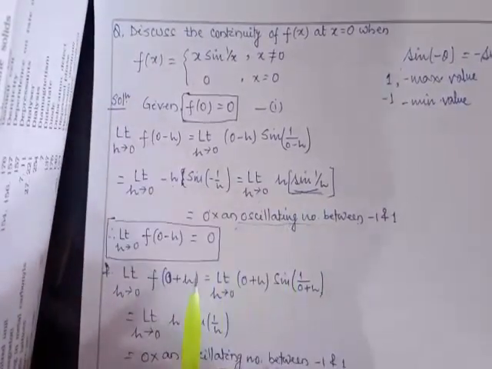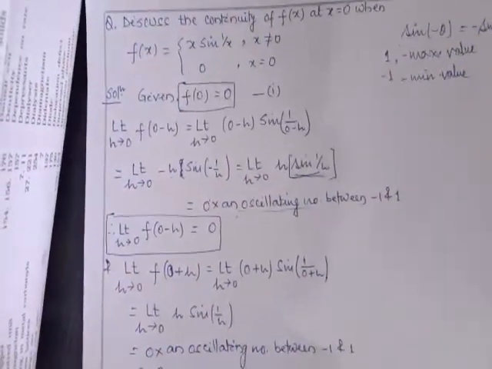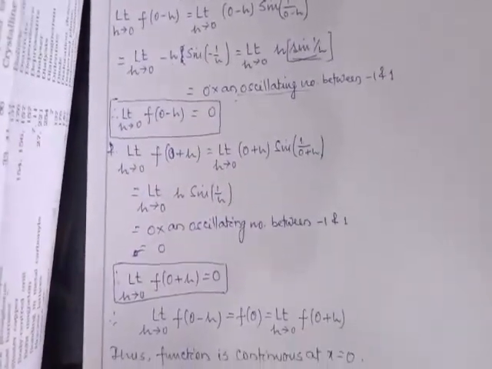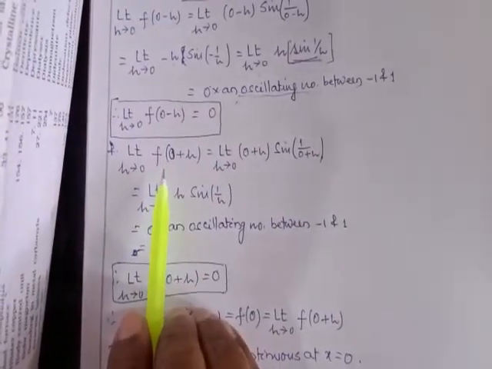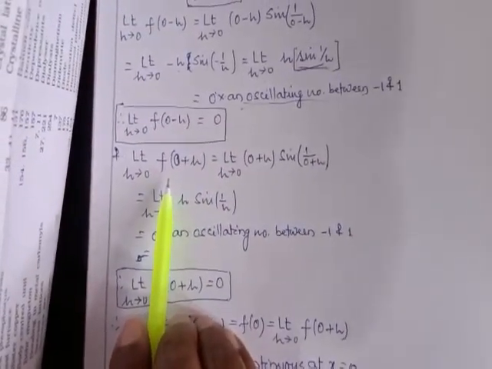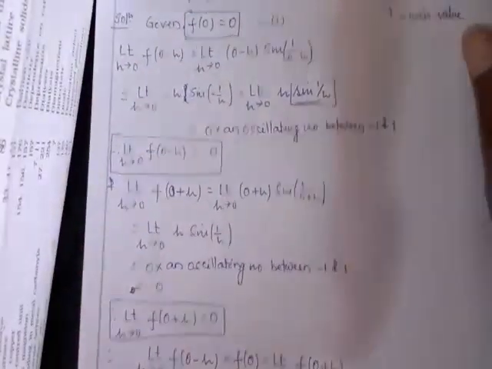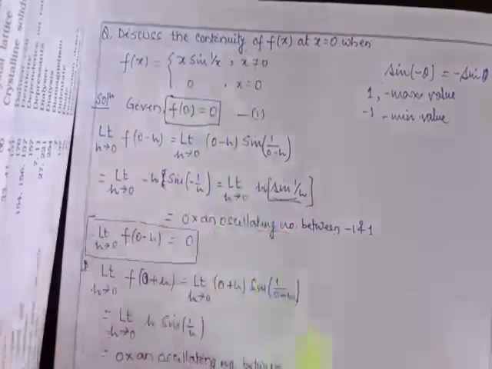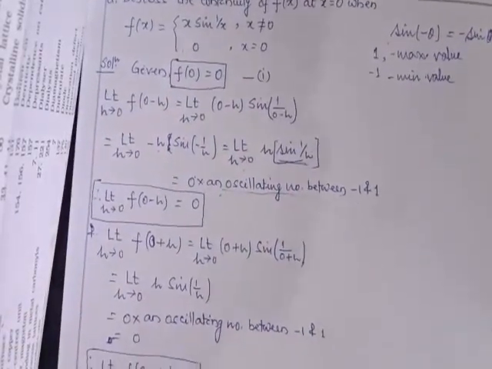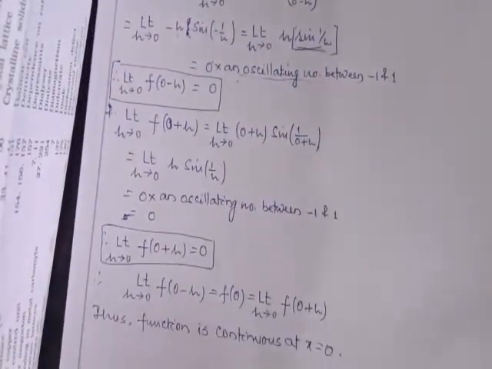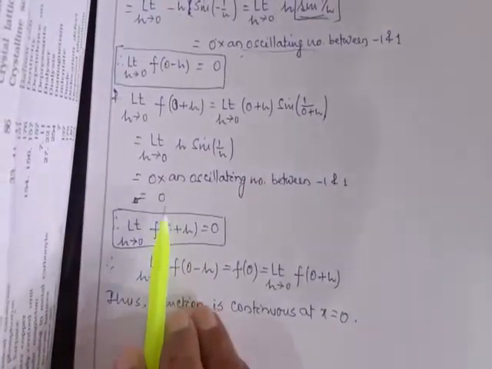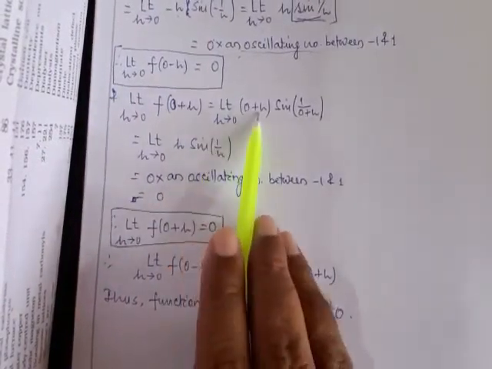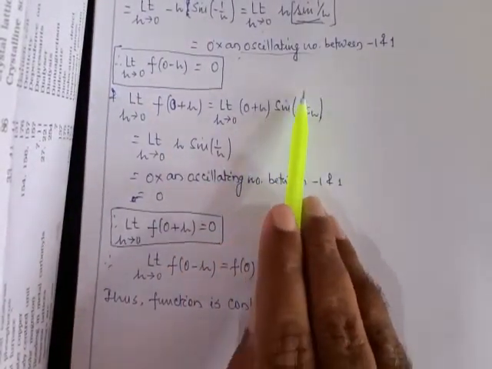And come to right hand limit, f(0 plus h). Again it is not equal to 0, so you may again use x sine 1 by x and here replace x by 0 plus h. Then we will get limit h tending to 0, (0 plus h) into sine 1 upon (0 plus h), that should be h into sine 1 by h.